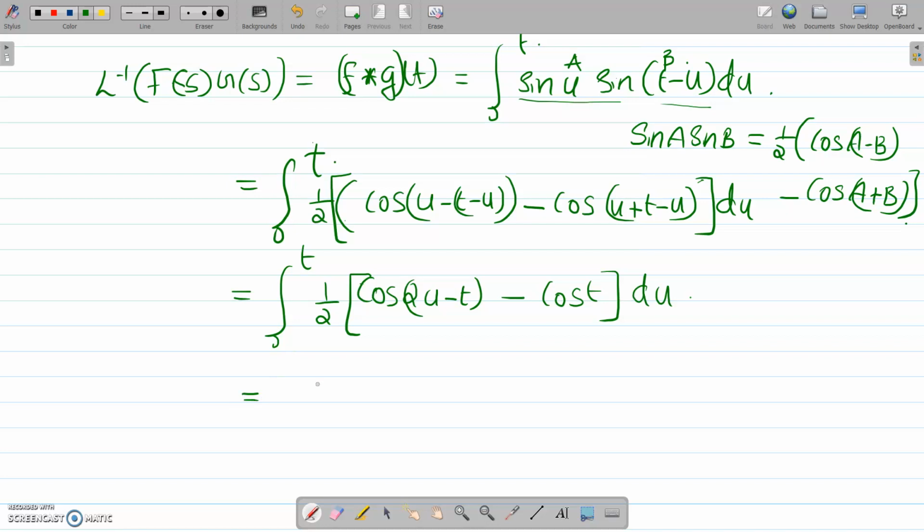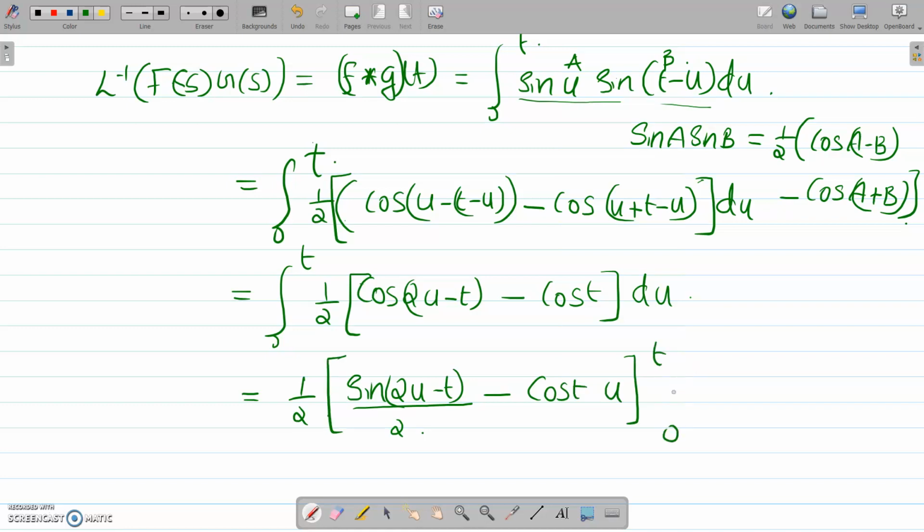Integrating this, we get 1 by 2 into the integral of cos, which is sin of 2u minus t divided by 2, minus the integral of cos t, which is a constant, so it is cos t into u. So this is from 0 to t, which implies 1 by 2 into, substituting t, sin of 2t minus t, that is sin t by 2, minus t cos t.